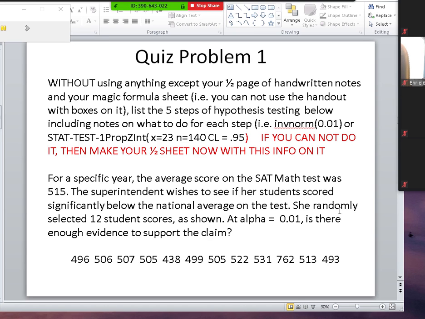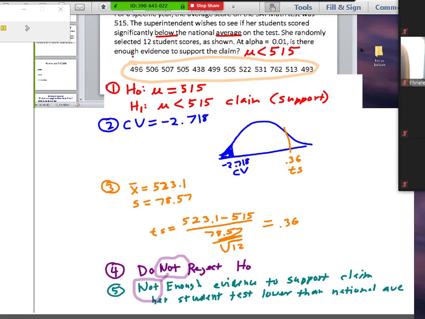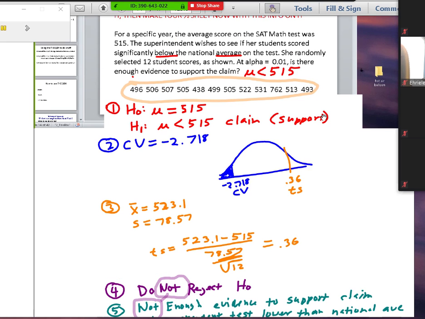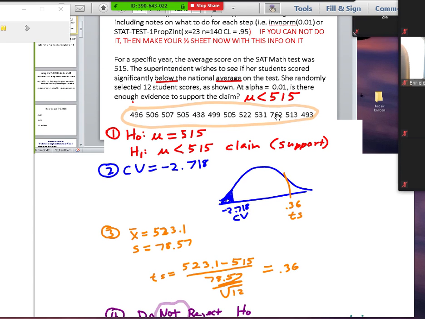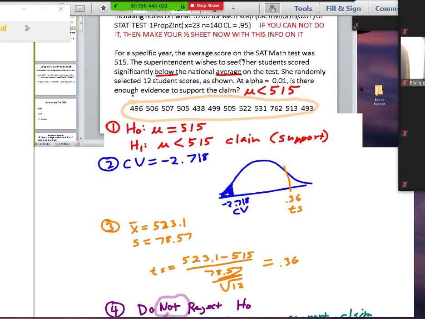Perfect. All right, great. So I'm just going to show you guys what I did last class because I wrote it out there when I wasn't recording, so I had a lot more room. So my claim is, see, she says she wishes to see, that's what she wants to know about, if they scored below the average.